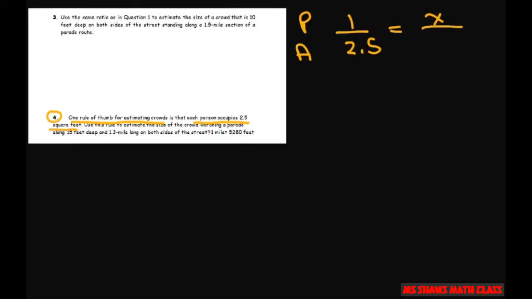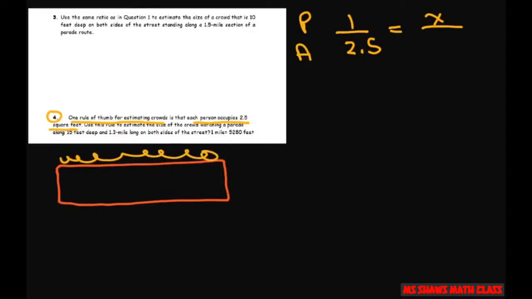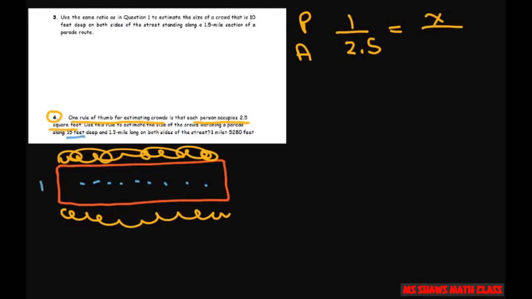So again, we have the same parade thing going on. This is your people watching the parade. And the parade is coming down here. And how many deep? It's 15 feet deep. And we have 1.3 miles long. So what you're going to do for that one is the same thing we did before.